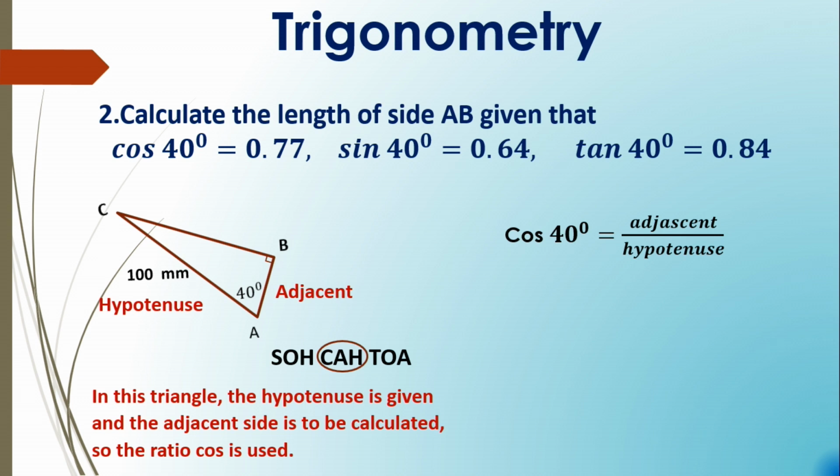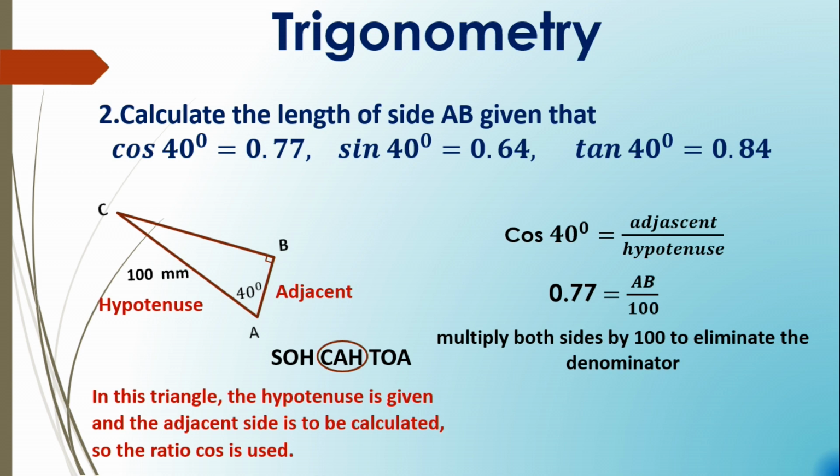Replacing the given value of cos of 40 degrees, which is 0.77, it is equal to AB over 100. To eliminate the denominator on the right-hand side, we multiply both sides by 100. Hence, we can obtain AB as 0.77 times 100, which is, of course, equal to 77 millimeters.